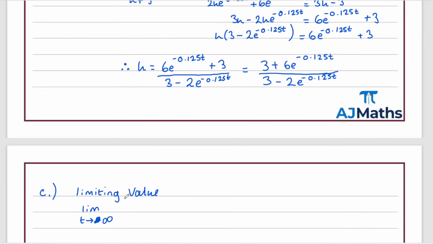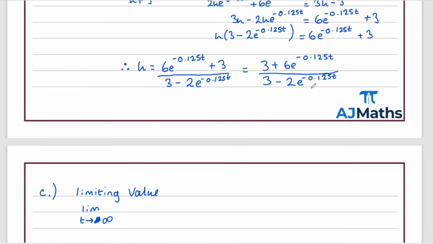So what would happen then to this expression here for h as t gets bigger and bigger and bigger? Well, this part would just be 6e to a very, very large negative number. Okay, so this would just tend to 0.